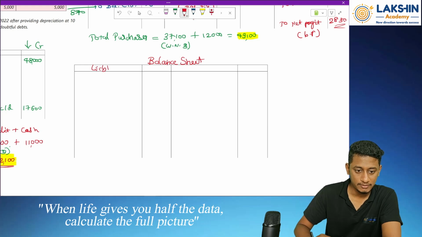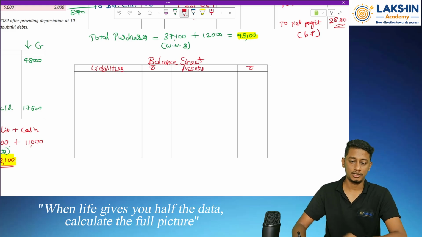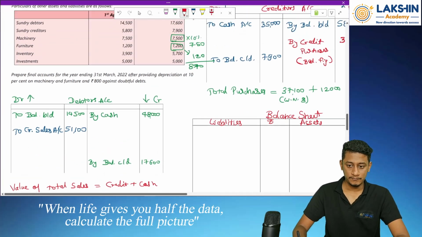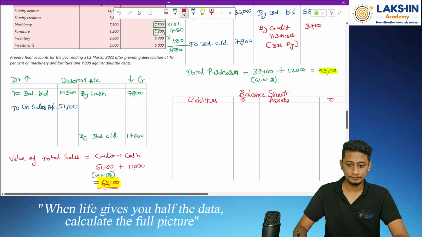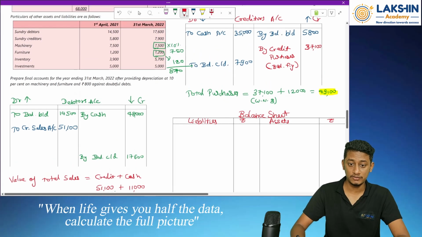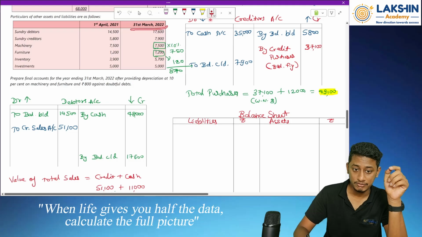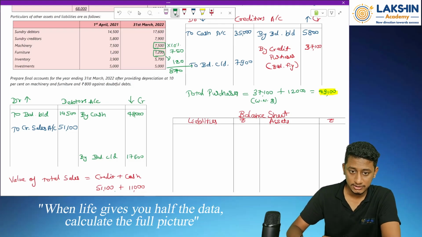My liabilities will be listed over here, and assets over here. Now write down all the values of assets and liabilities clearly. It is the closing values. Always see, opening values are taken care of in the statement of affairs. So closing values should be taken care of in this part.